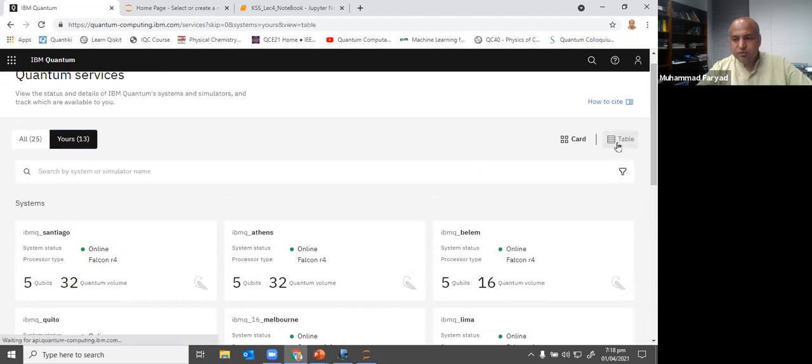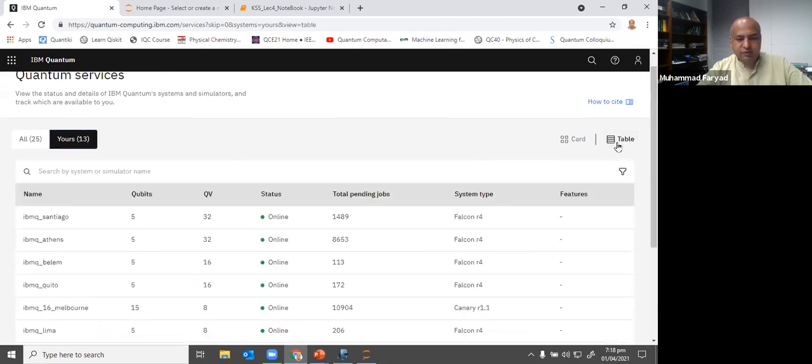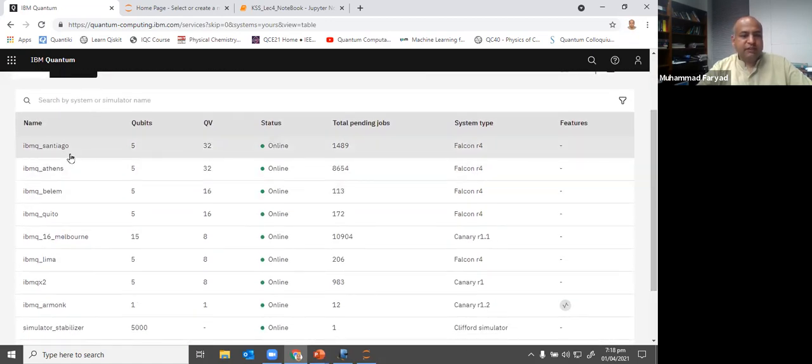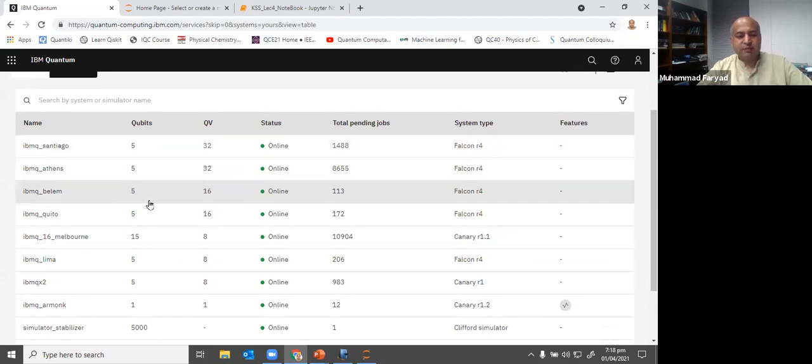So let's go to this table where you can see. Okay, so if you come here, you can now see how busy different quantum computers are. For example, this Santiago has 1,489 jobs pending right now. So if you submit a job to it right now, it will take a lot of time before your turn comes. So I'm using this Bellem because this is a bit noisy computer, but this has only 113 jobs pending.